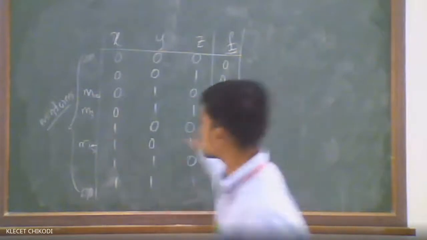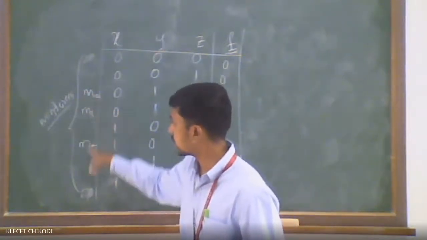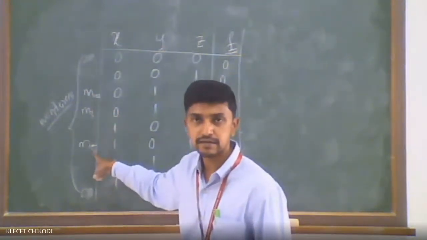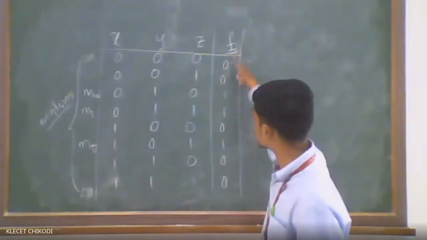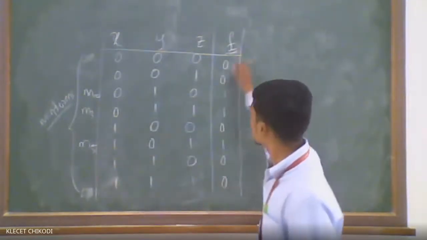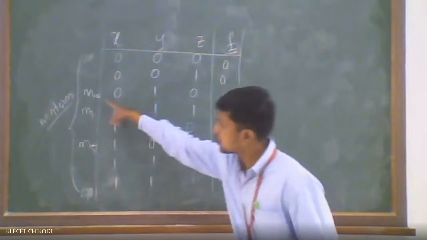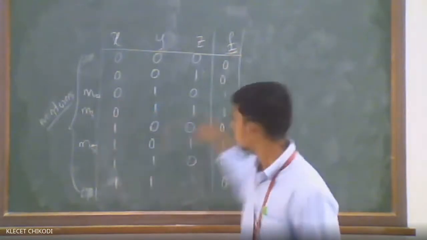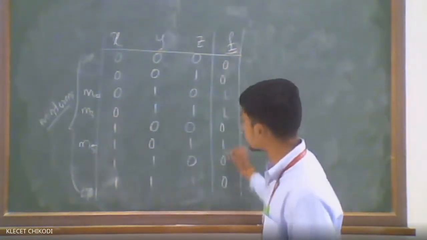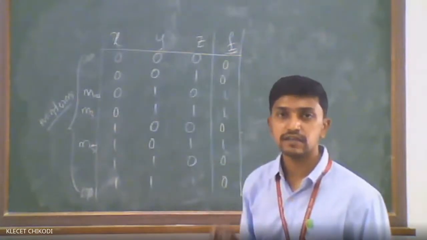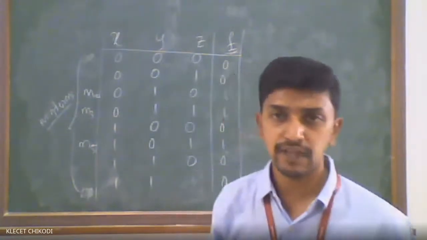Is it clear how we are taking M2, M3 and M5? Because for the function value, only M2, M3 and M5 have 1 available here. That is why we are taking M2, M3 and M5.